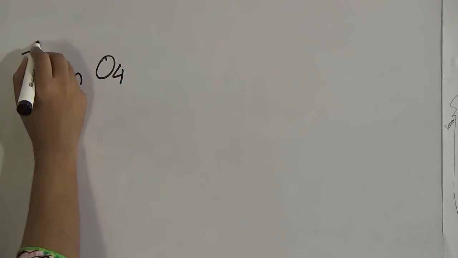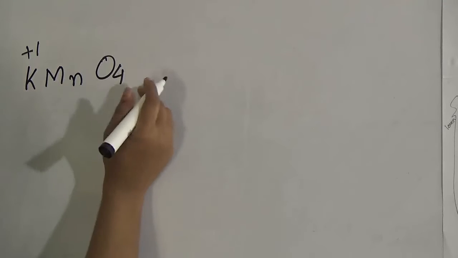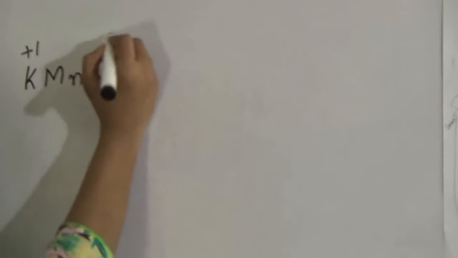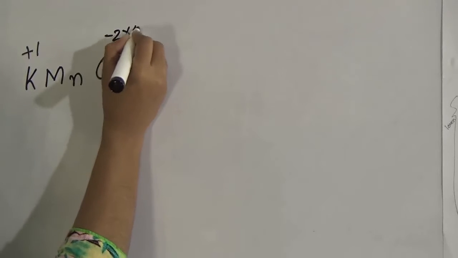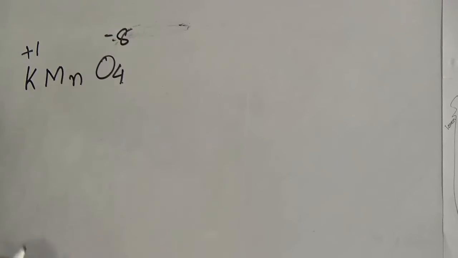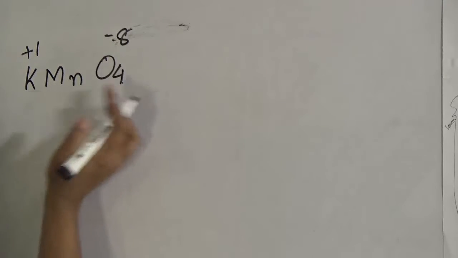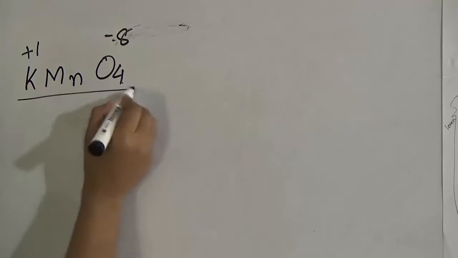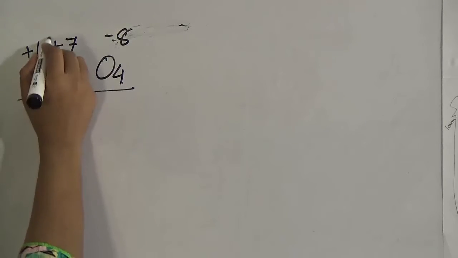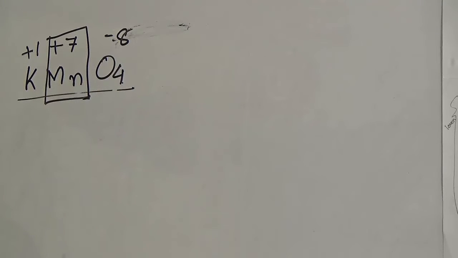We know potassium's oxidation number is +1 and oxygen's is usually -2. There are 4 oxygens, so -2 multiplied by 4 is -8, and we know the total oxidation number of a compound has to be 0. So here will be +7. So manganese's oxidation number is +7.